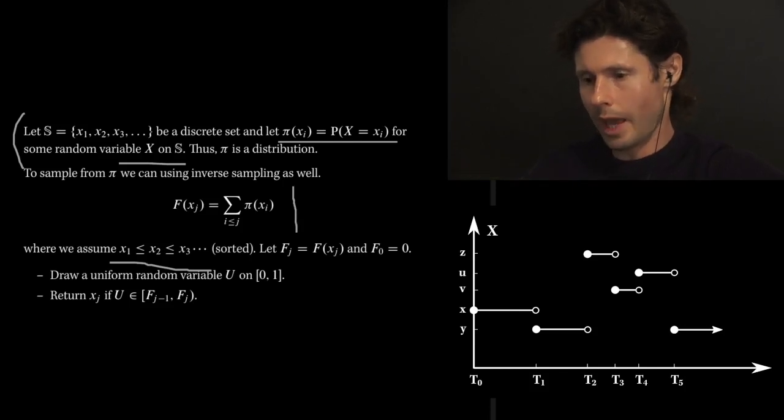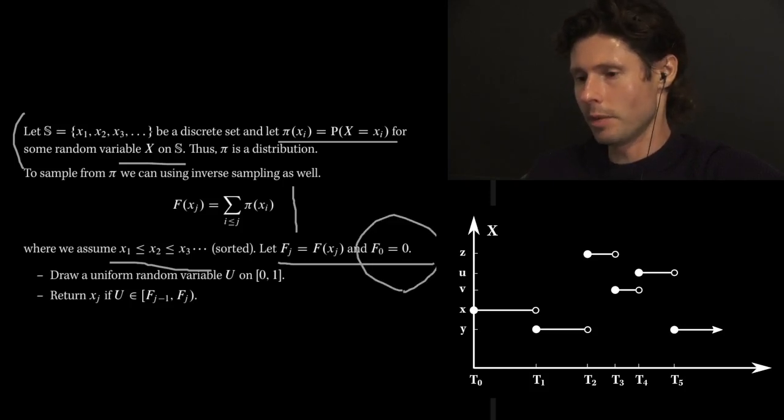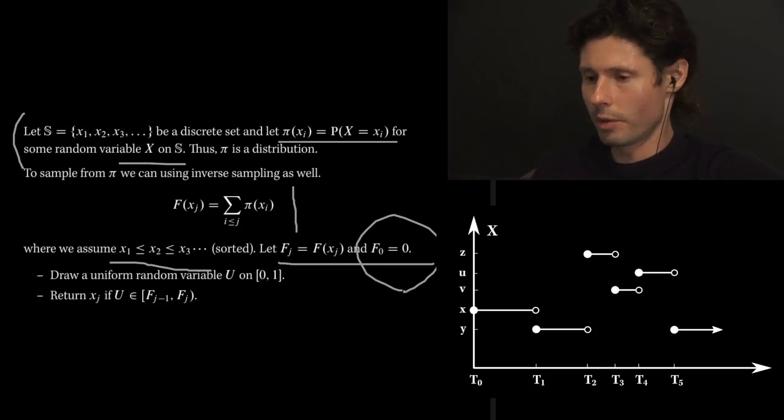I'm slowly adding to it the probabilities of each of these xi's. And then the rest is pretty similar. I'm going to have this convention where Fj is just the cumulative distribution at point xj. And then F of 0 is going to be 0, which is the starting point for any cumulative distribution function.